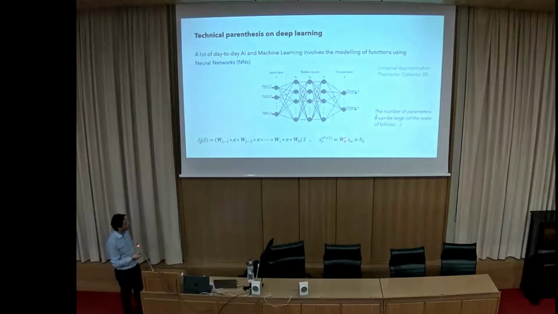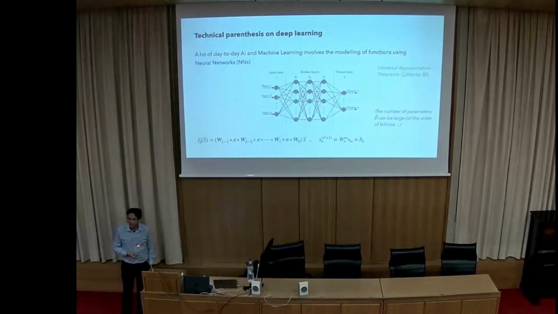The parameters are basically these W_mn, which are constants, and these b_n. I will collectively call them a vector. I will denote them with the vector theta. Okay. So when I was saying that, for example, in the abstract of DeepSeek, that there is a model that has 70 billion parameters, I'm referring to these types of parameters.